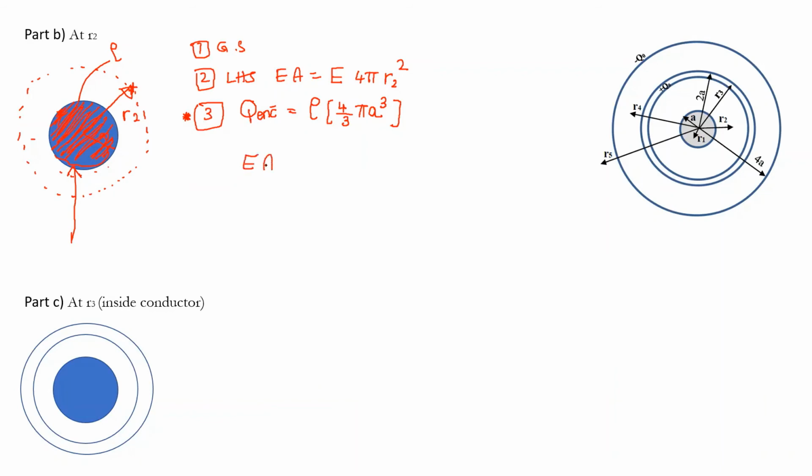So the equation is EA equals Q enclosed over epsilon naught. EA is E times 4 pi r2 squared. And this side, it is rho times 4 over 3 pi a cubed inside the bracket, divided by epsilon naught.